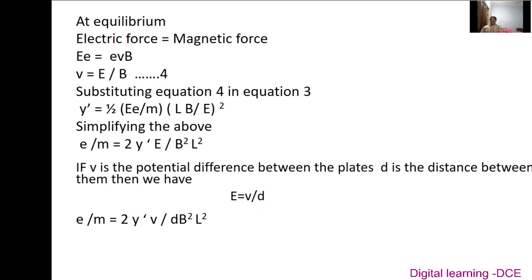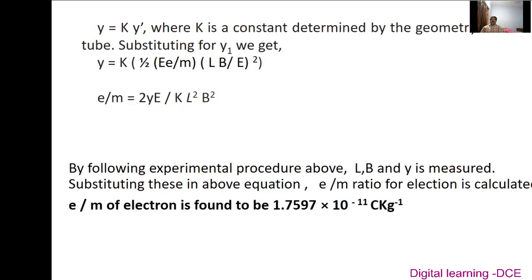We know that the electric field is equal to the negative potential gradient, so E is equal to V by d. Substitute the value of E in this equation. We get e by m is equal to 2 y dash V by d B square L square.